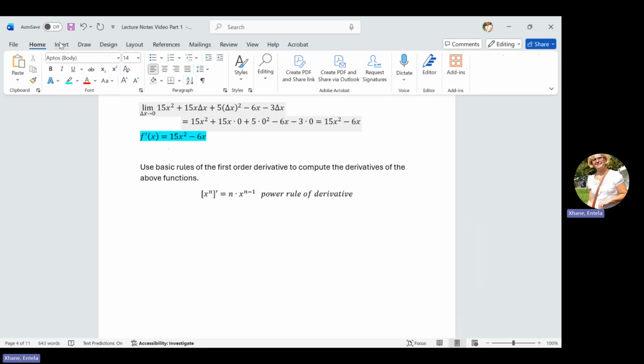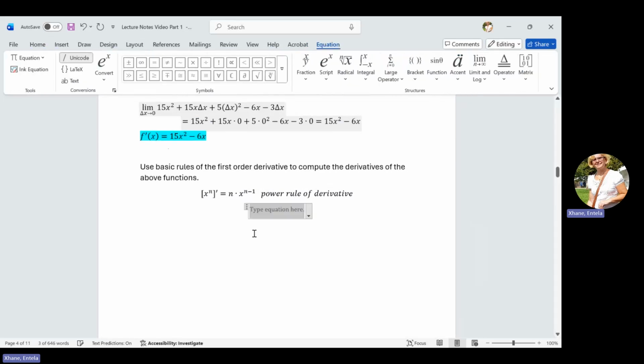Another important rule that I would like to mention: if you have a coefficient, which means a number in front of the variable, we do not differentiate coefficients. We take them out. So here's the coefficient k that is multiplied by a function f of x, and you're differentiating.